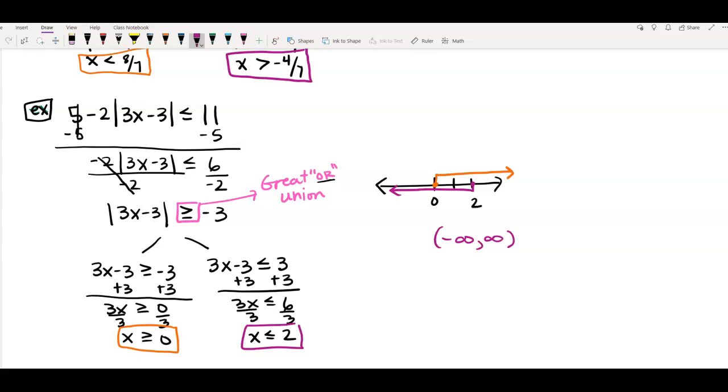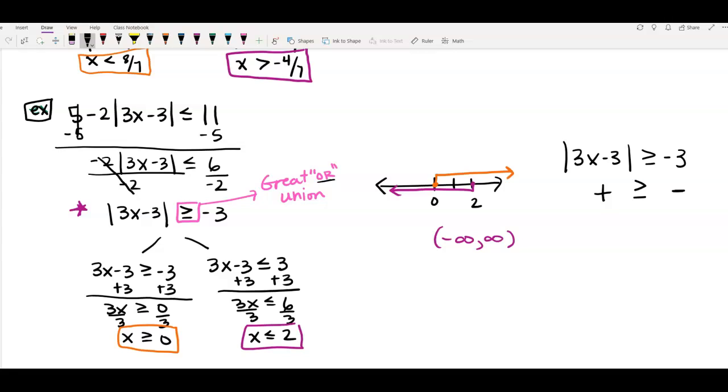Now, if we went back up to this statement here, let me write it back over here. The absolute value of 3x minus 3 is greater than or equal to negative 3. So think about what we said: an absolute value always has to end up being a positive answer. So if I know that the left side is always going to be some kind of a positive number, and negative 3 is always a negative number, when is a positive greater than or equal to a negative?